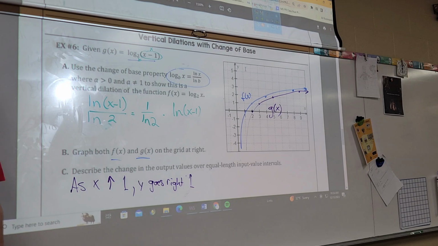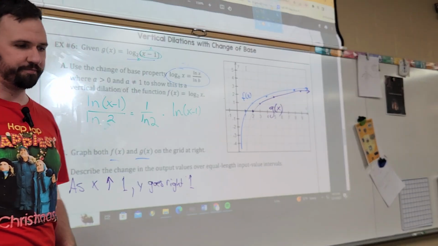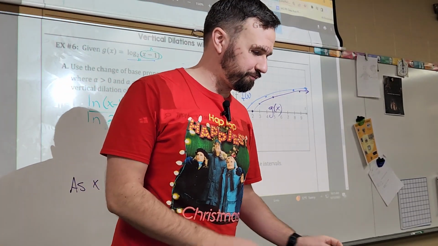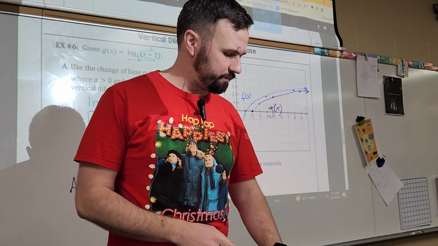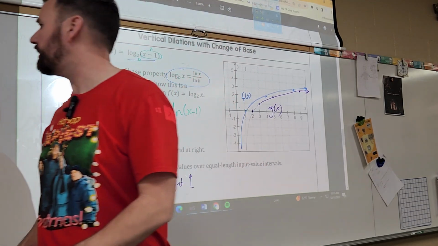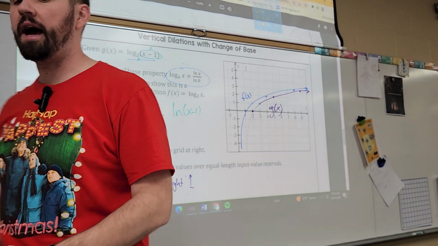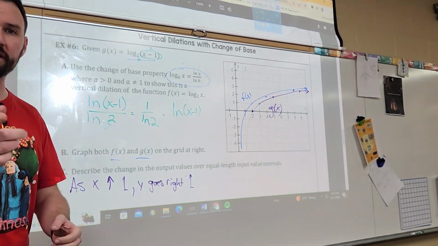These are always as x goes up by 1. Because they want to know as you change your input, what's going to happen to your output. That is exactly what you'd put, though. Goes right 1 from the parent function. Let's do it. Or, you know what? No, I digress. Good video.